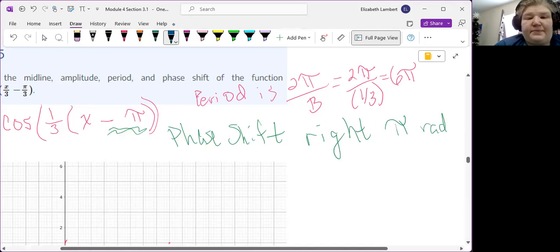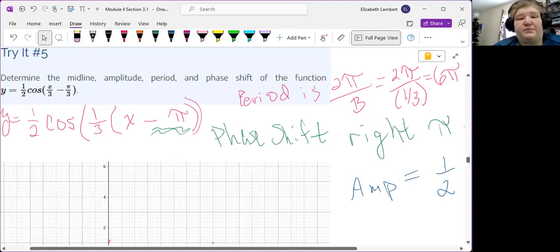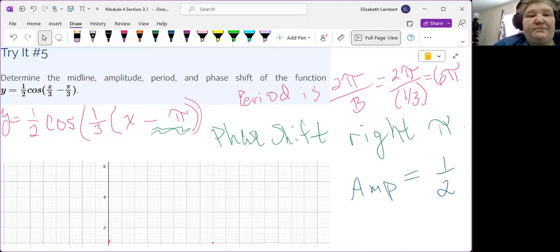All right, the amplitude is just whatever number is being multiplied to the trig function. And then they asked for the midline.